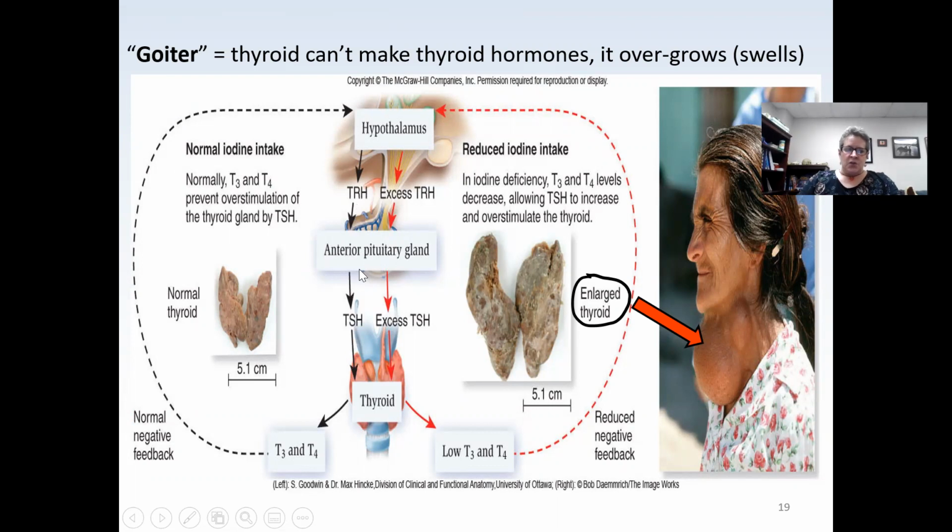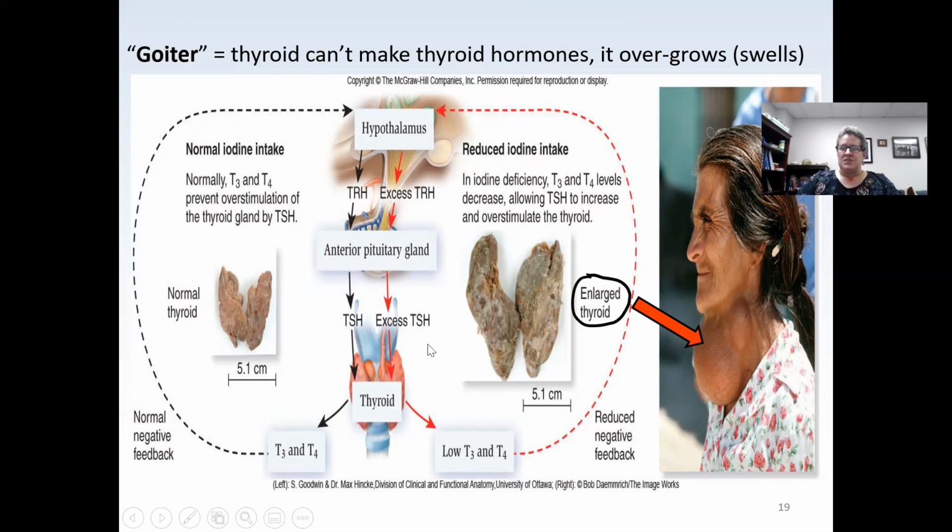Now, in someone who has, let's say, hypothyroidism, let's say they have dietary iodine insufficiency, and they simply cannot make enough thyroid hormone, what happens is the hypothalamus says, uh-oh, thyroid hormones are too low, so I'm going to stimulate it to get more. So I'm going to release more TRH.